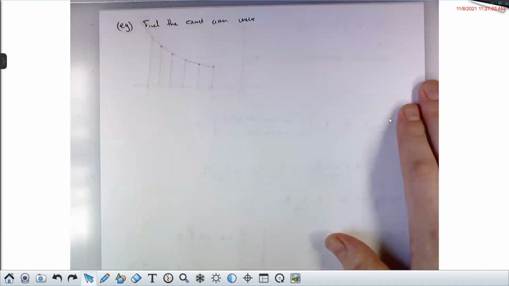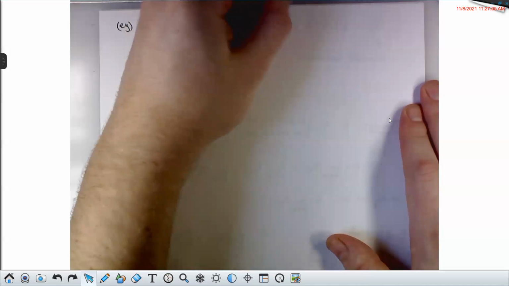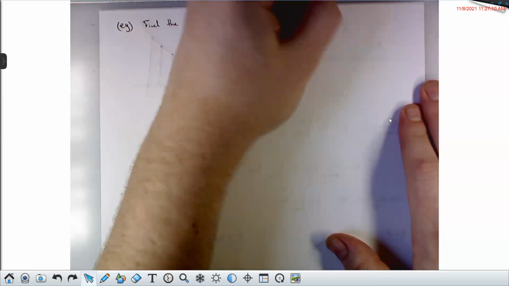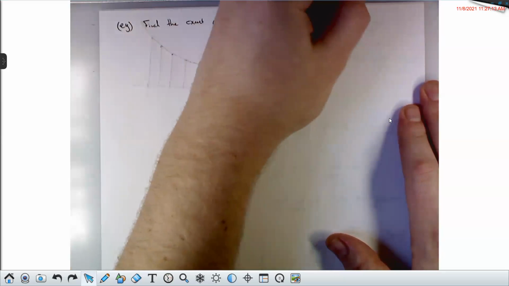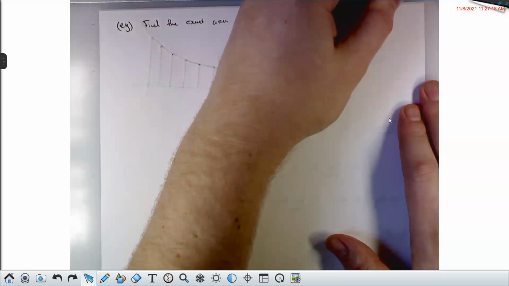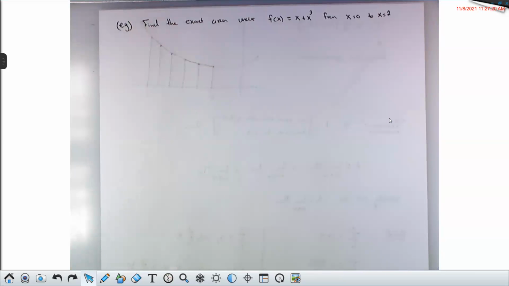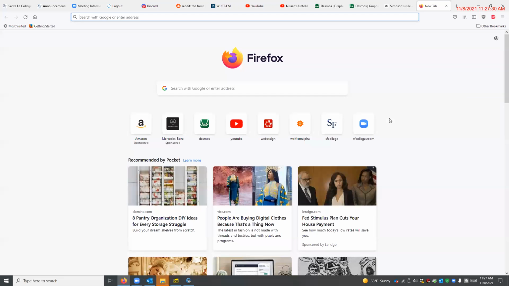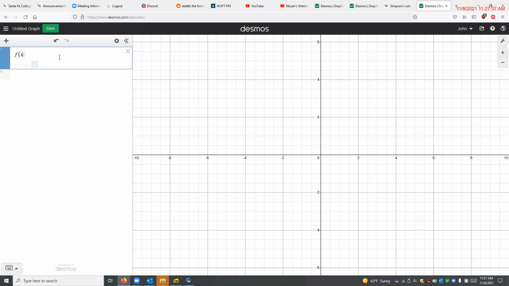Let's find the exact area under f of x equals x plus x cubed from, we'll do 0 to 1 again. Let's go from 0 to 2. Why not? We'll give ourselves a challenge. Now, real quick, what does x plus x cubed look like? That is a cubic with a root at 0.